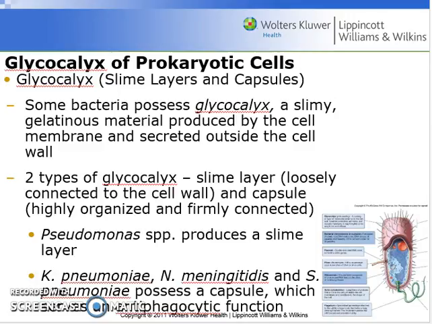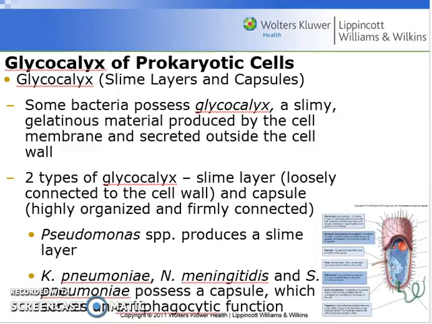Organisms that have a capsule will be things like Klebsiella pneumoniae, which can actually be a lethal organism if you're infected with it. Neisseria meningitidis, which can also pose a deadly infection to those infected with it. And then Streptococcus pneumoniae, which causes pneumonia. All of those possess a capsule, which makes the bacteria very hard to be killed by your body's natural immune defenses.